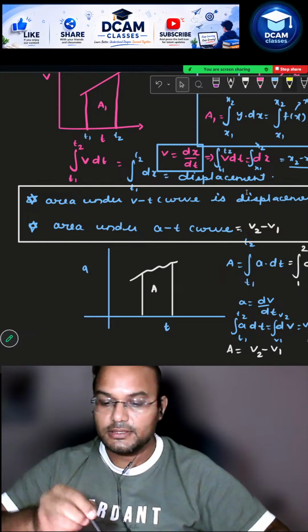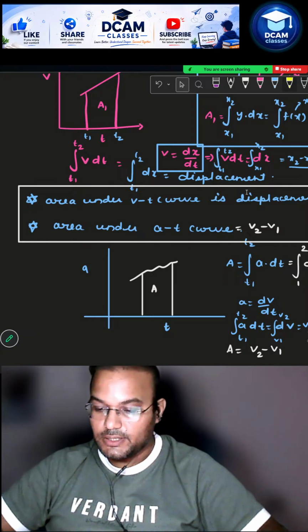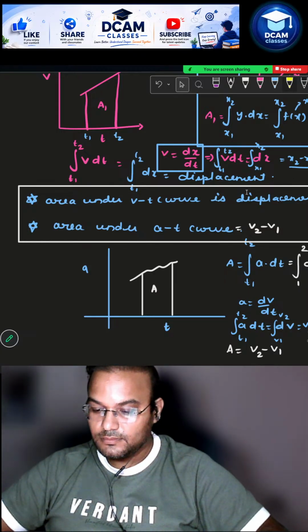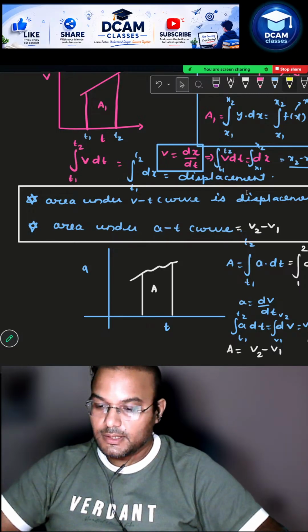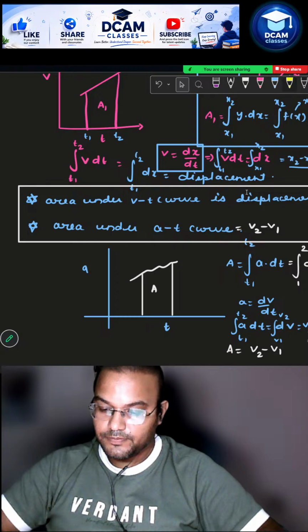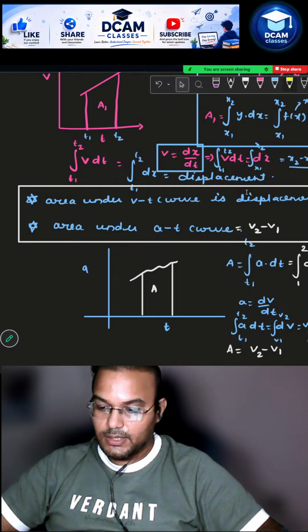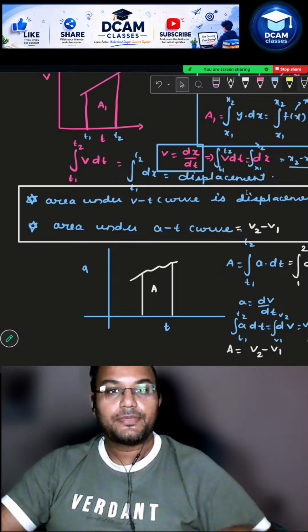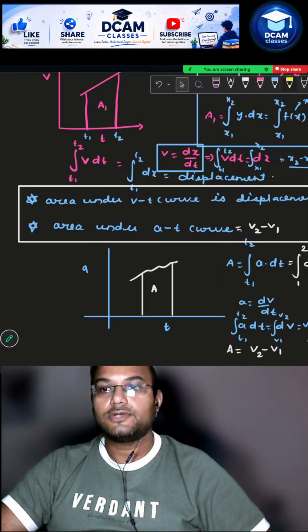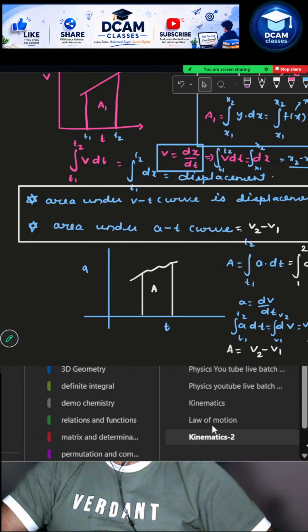Now let us do some questions to understand. Try to do this question. Pratik, now get ready. This thing you have learnt already, and now you have revised it too.